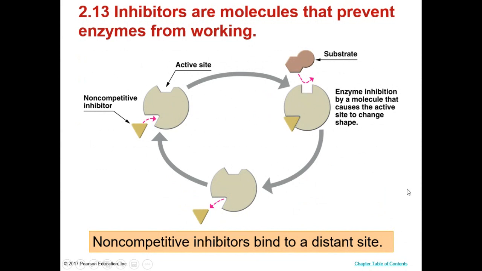And in that manner, it deactivates that enzyme to a certain extent. Now, if the cell needs the enzyme again, then all it's got to do is take that non-competitive inhibitor out of the way, out of the allosteric site, so that the substrate can bind to it again due to the reverting, if you will, of the shape of the active site.